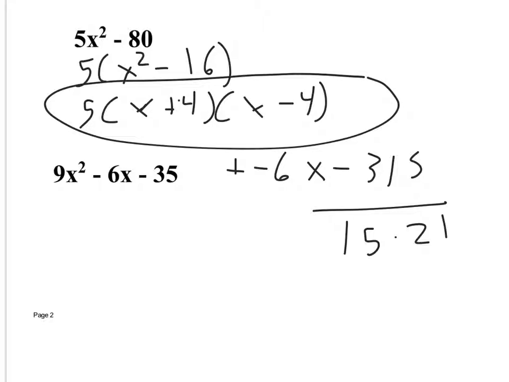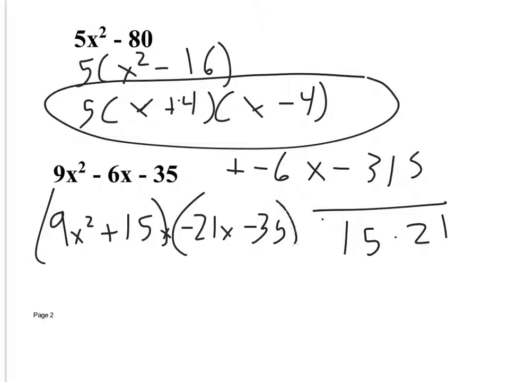So I rewrite this as 9x squared plus 15x minus 21x minus 35, and then I solve by grouping. Here, with 9x squared and 15x, I can take 3x out.